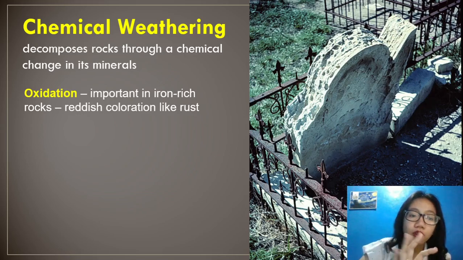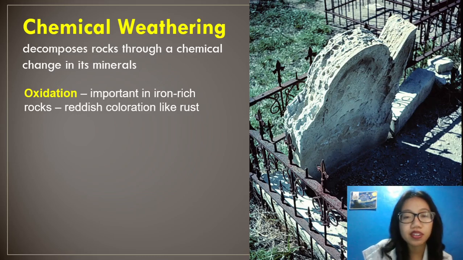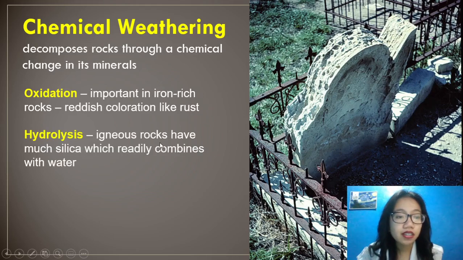So the water has H2O. So that's the chemical formula. So the oxygen in the water will react with the iron, thus creating that oxidation reaction, and the byproduct is the rust.